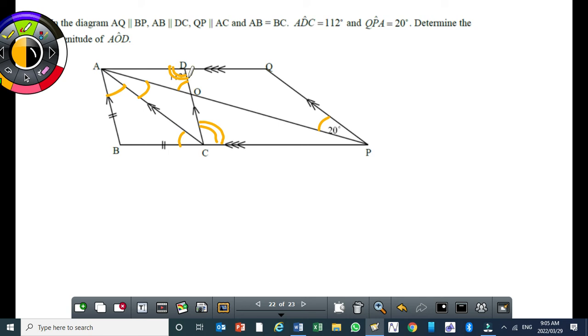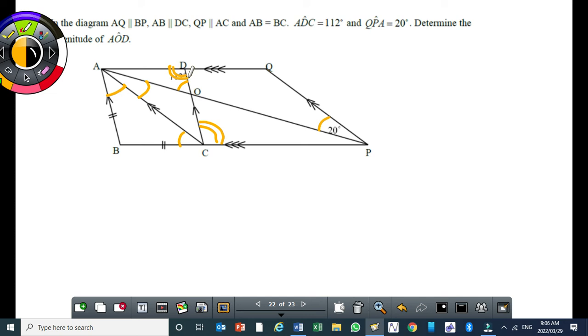Therefore, this angle here is equal to that. They are alternate. And then again, we've got a transversal there, and AD is parallel to BC, therefore this angle is equal to that. So this will be 20. And then AB is equal to BC, therefore that will be 20 because they are angles opposite equal sides.